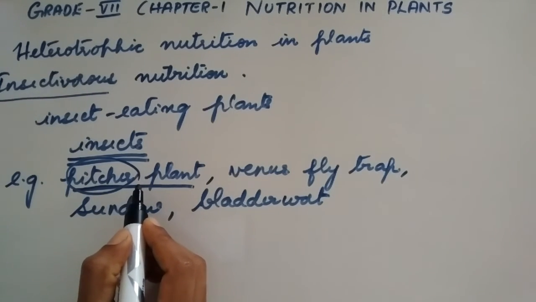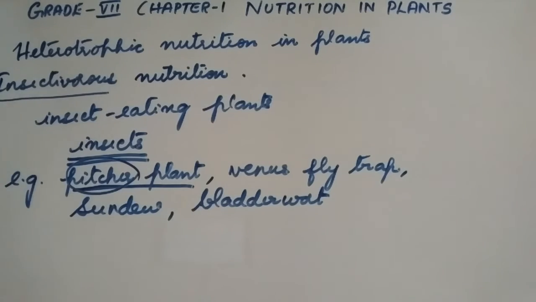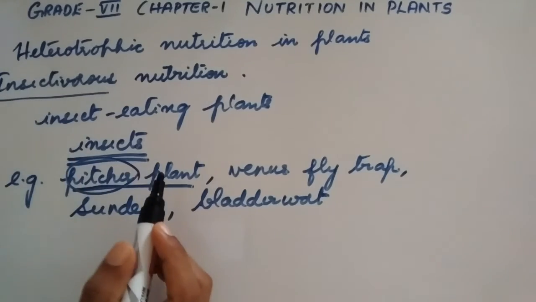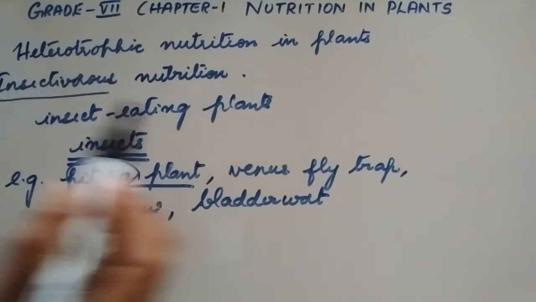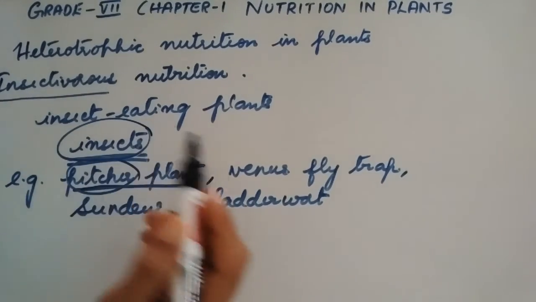The hairs in the pitcher direct the insect down into the pitcher, where the enzymes present in the digestive juices will digest the insect. So this is how the pitcher traps the insects and then digests them. So these insectivorous plants obtain their nutrition from the soil, from the atmosphere, as well as from the insects.